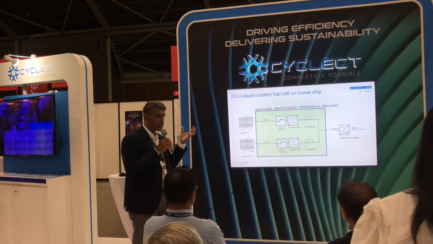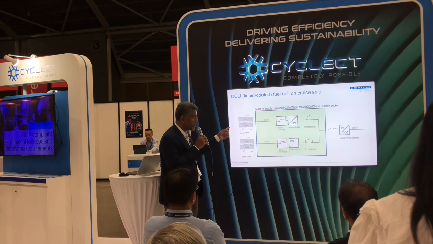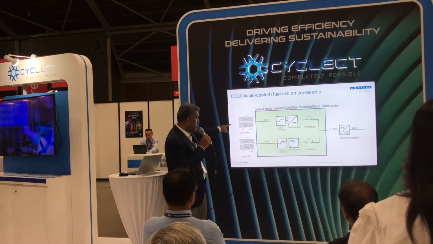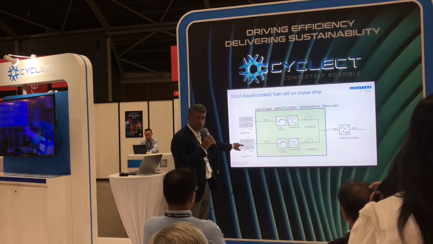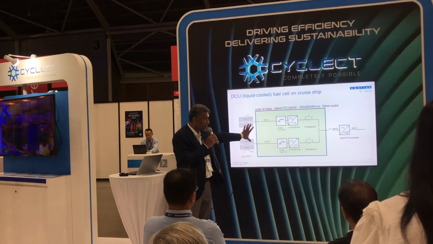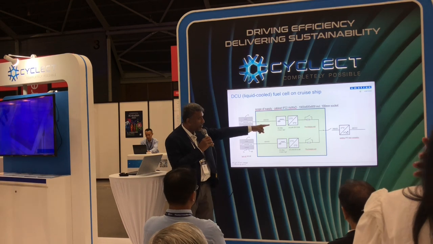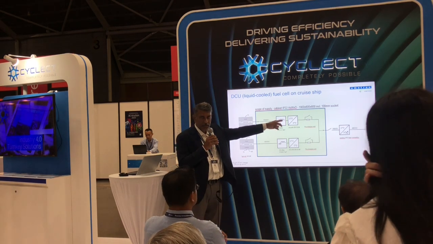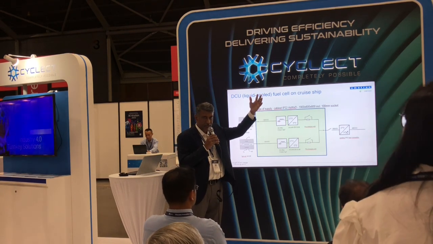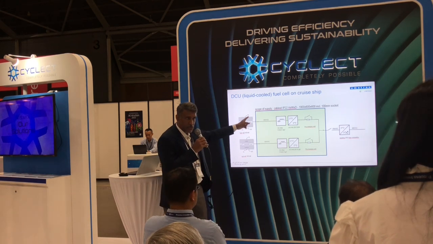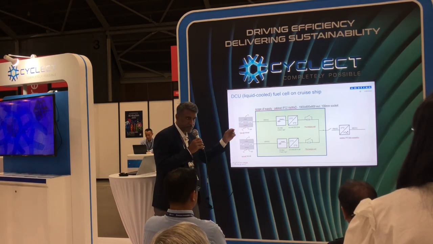So a hydrogen fuel cell was used on an experimental basis on a cruise ship. These hydrogen fuel cells generate a certain amount of voltage. So we use our DCU to step up the voltage and give it to a competitor's converter to feed it to the mains. So this is an example where a DCU has been used to change the voltage level.